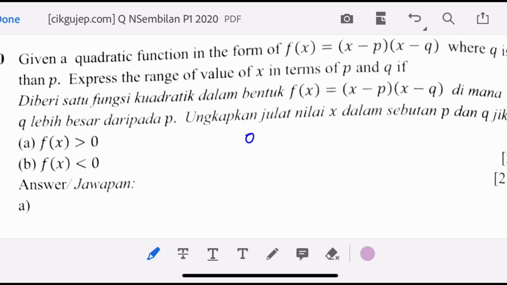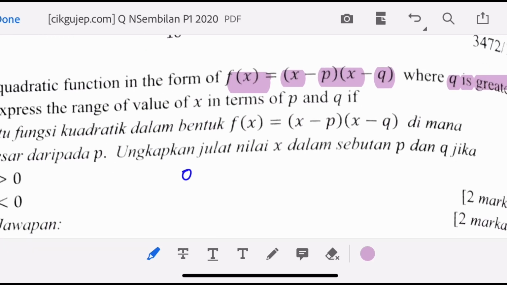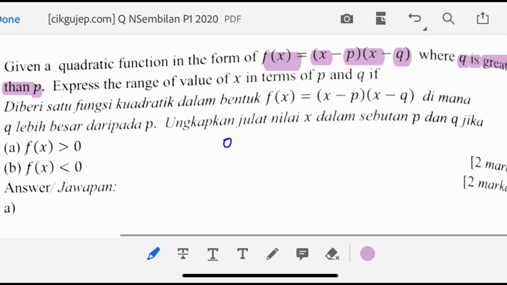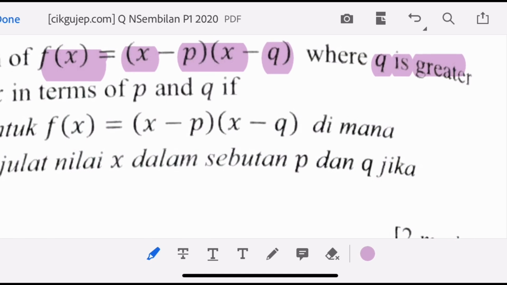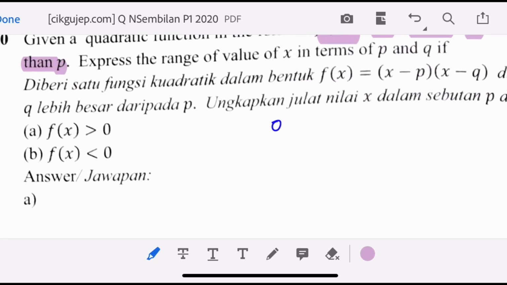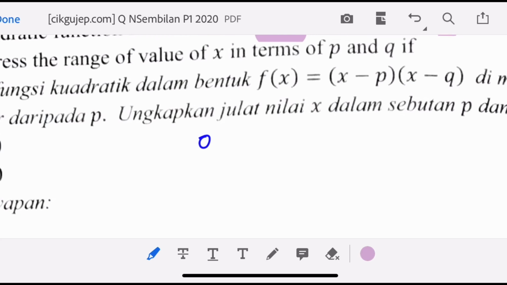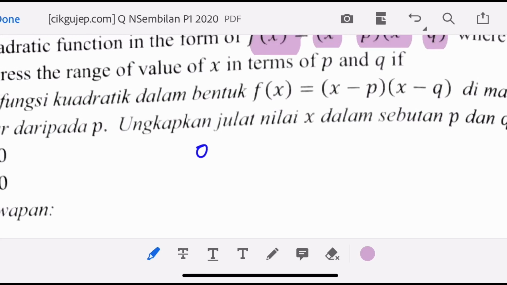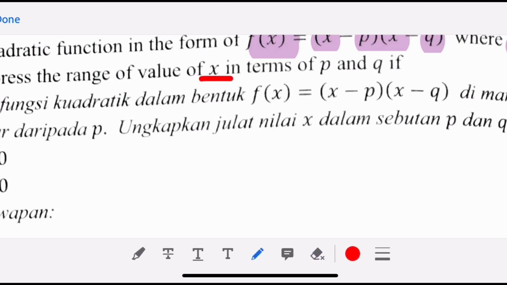For a positive quadratic function, you sketch the happy face, then label the y-axis and the x-axis, and most importantly the x-intercepts, because the x-intercepts are the roots of the quadratic equation.